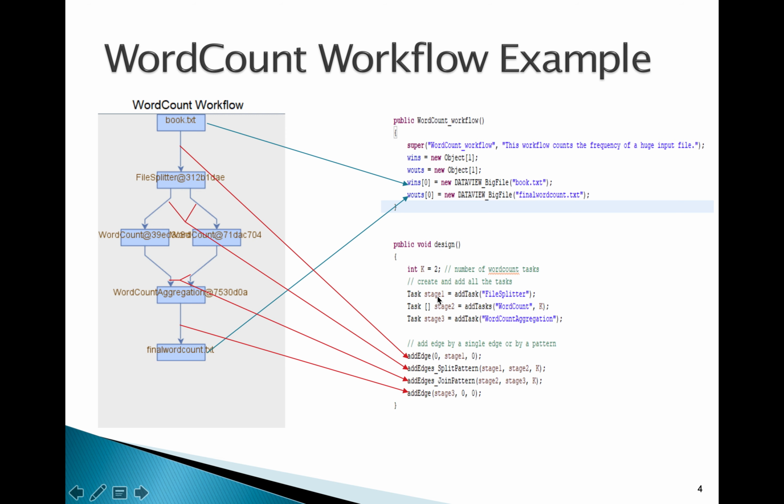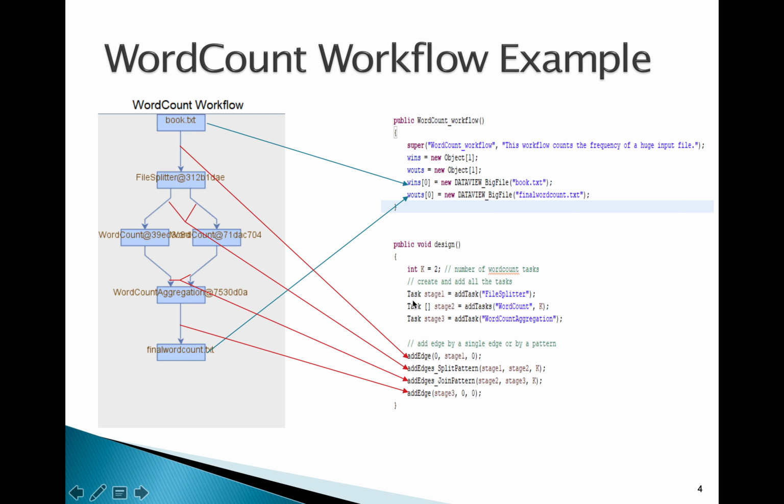First, we will create one task, which is file split, and then we will create two tasks, and we use these two methods, add task and add tasks, to create all the tasks. We also have the word count aggregation task.